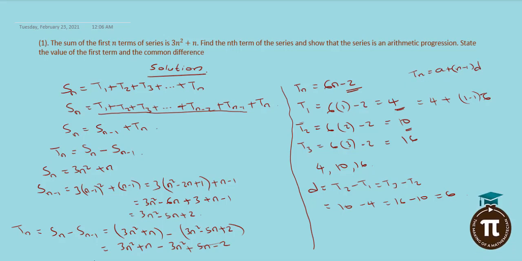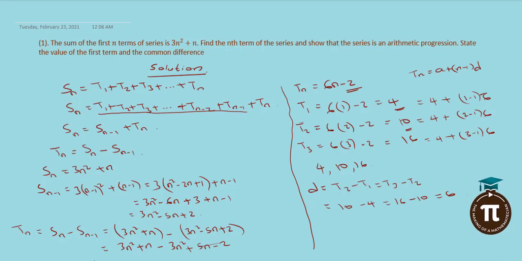So the first term T1, see the second term, you can say this is 4 plus 2 minus 1 times 6. You can say 4 plus 3 minus 1 times 6, and if you actually calculate all this, you will get the same answer. So the sequence is an AP, or the series is an arithmetic progression.